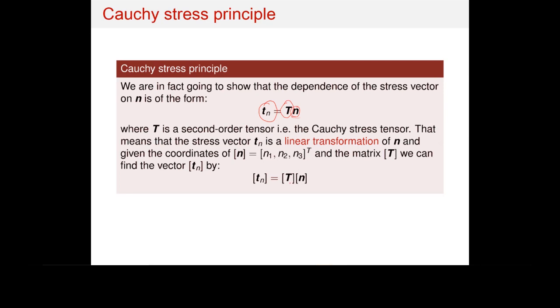Or if you want to write it in matrix form, this is the way to write it in matrix form. So in principle, this is what you need to remember, this equation here. We are going to solve some equations, and you'll find more examples in the tutorials that all utilize this equation. So this is basically what you need to remember.